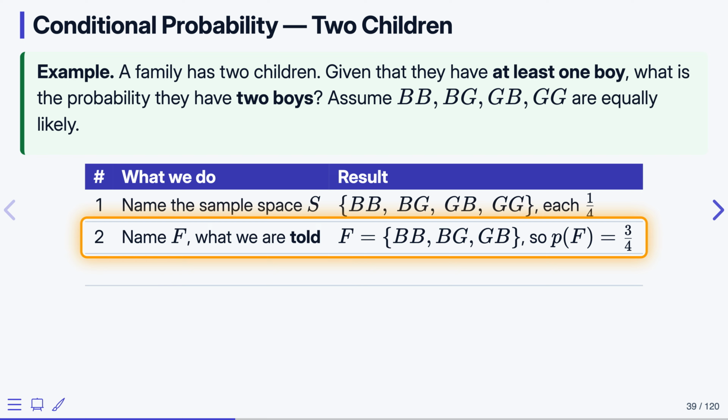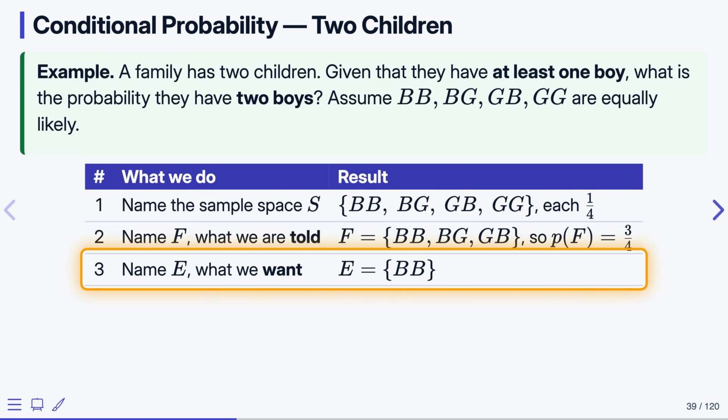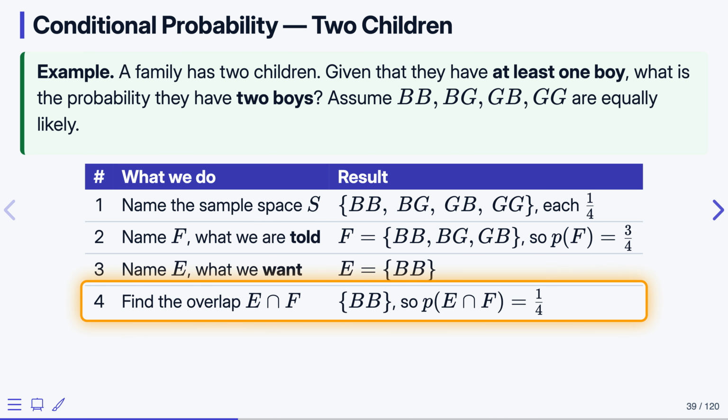We are told there is at least one boy. That rules out girl-girl, so F has 3 cases and P of F is 3/4. Step 3. Name E what we want. 2 boys is the single case boy-boy. Step 4. The overlap of E and F is just boy-boy again, with probability 1/4.